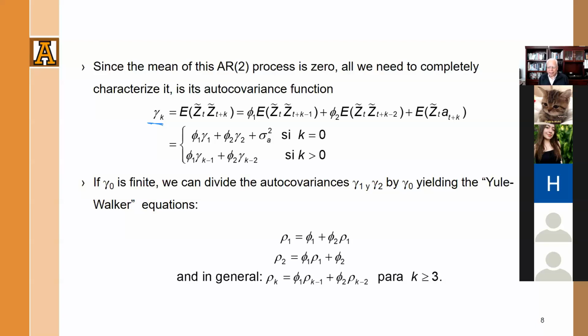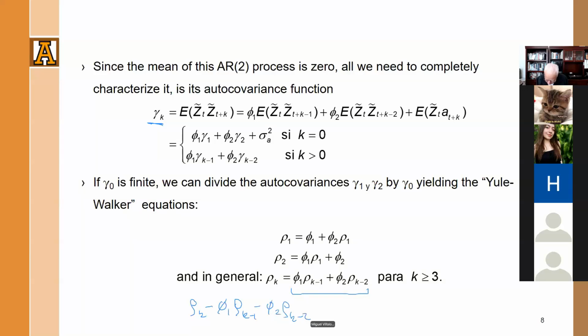Okay, so now notice this model here, and remember what that polynomial phi of B was. If I write rho k, I'm going to put everything on this side: rho k minus phi 1 rho k minus 1 minus phi 2 rho k minus 2.